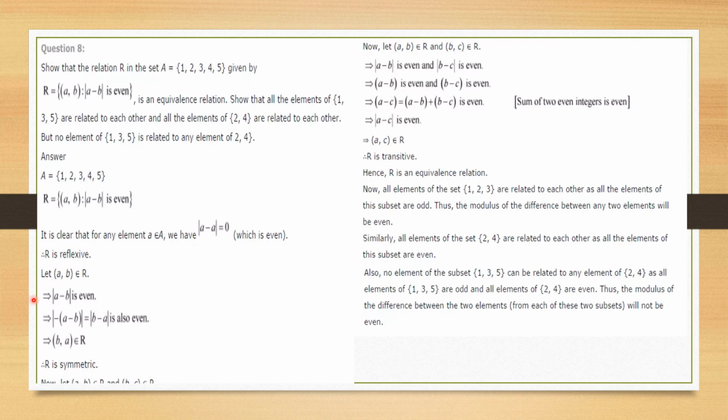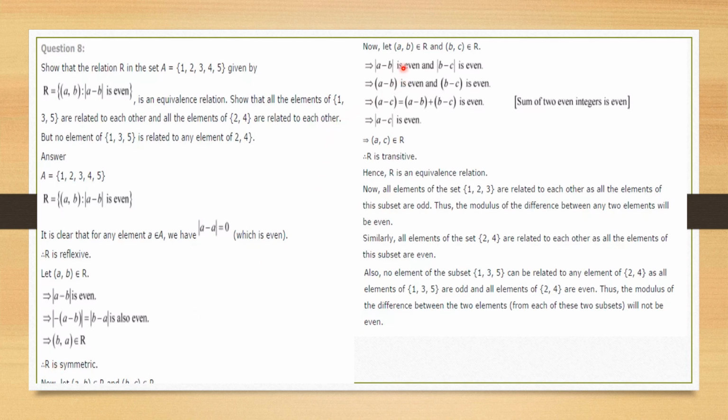Yes. That means minus times (a minus b) is even. In modulus it will be positive, or I can just turn and twist it like b minus a. So |b minus a| is even. That means (b, a) belongs to R. That means R is symmetric.